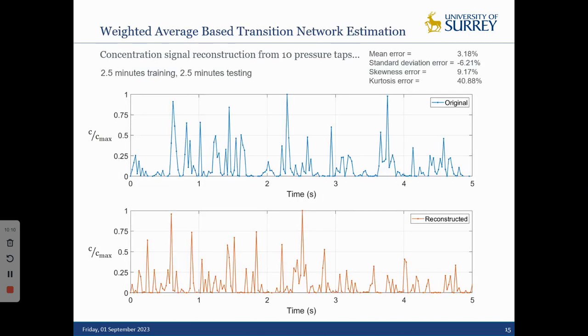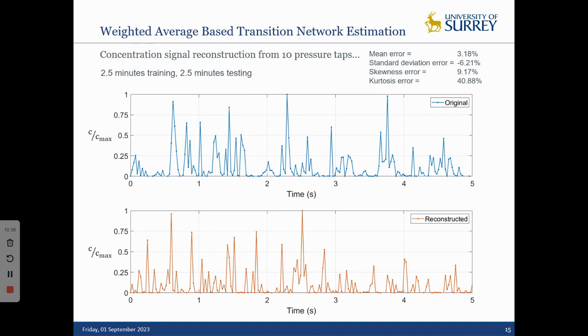So to bring you up to speed with my latest analysis, this is the very fringes of machine learning, very preliminary data. The idea here is I've used a 5-minute time trace of pressure everywhere and concentration in one location, and I'm trying to prove that we can reconstruct a concentration sample from just pressure data.